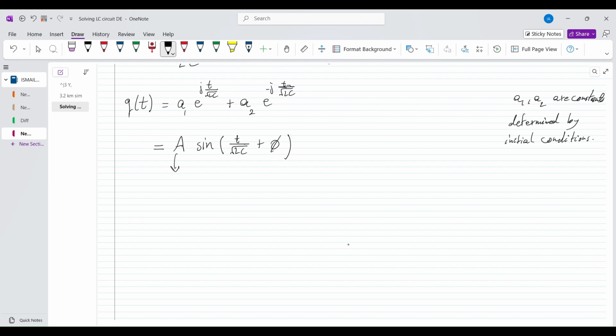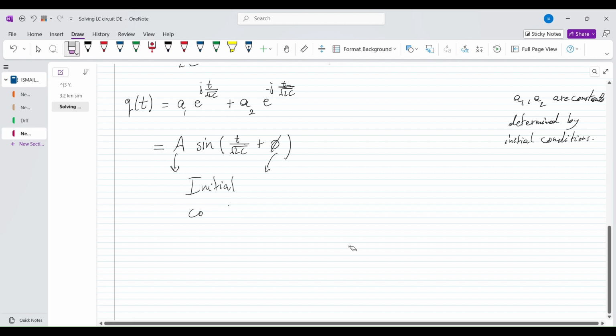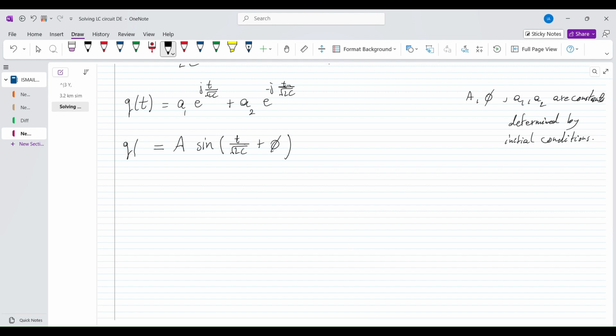Now a here is again a constant and phi here is a constant determined by initial conditions. So if you have your initial conditions, you will be able to solve for them. So here also we have a and phi. Great. So now we found q of t.